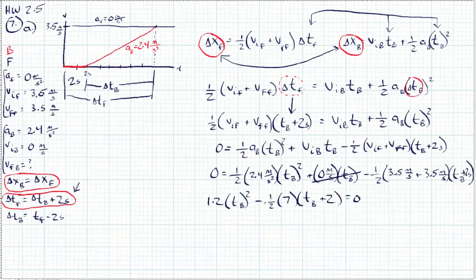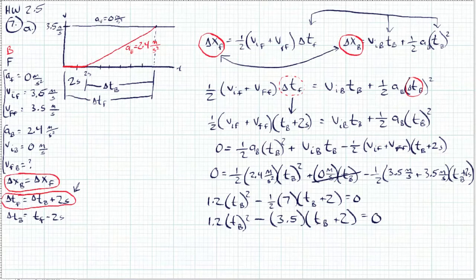And of course, like I said, 1/2 of 7 is 3.5, but I'll write it out again. 1.2 times time of the biker squared minus 3.5 times the time of the biker plus 2 equals 0.